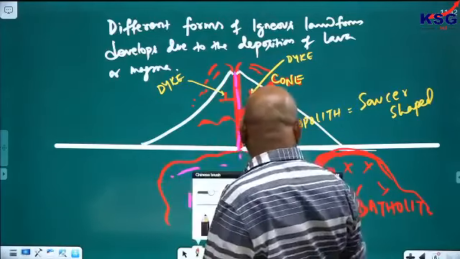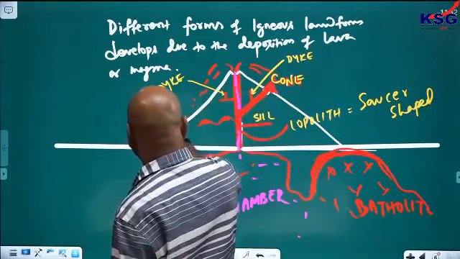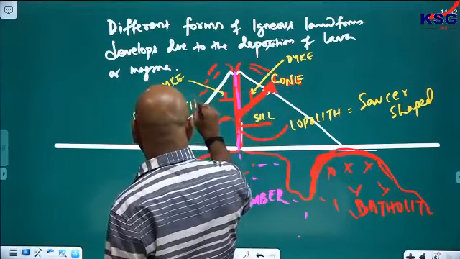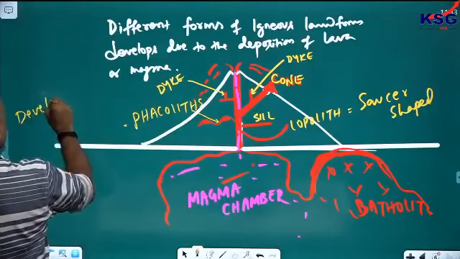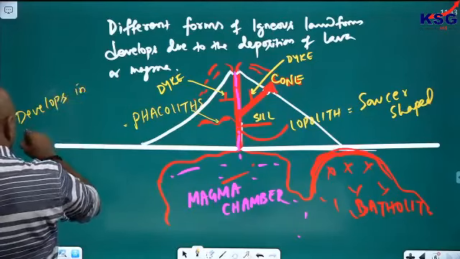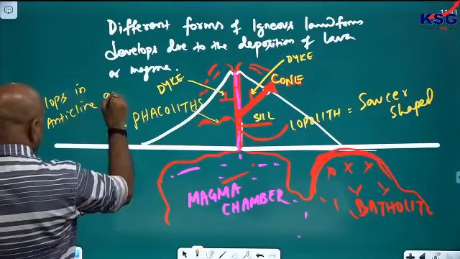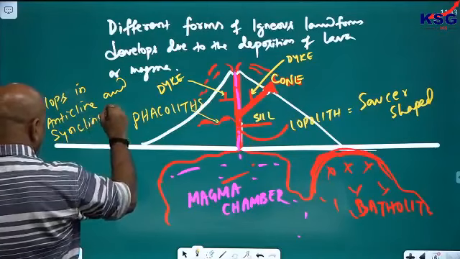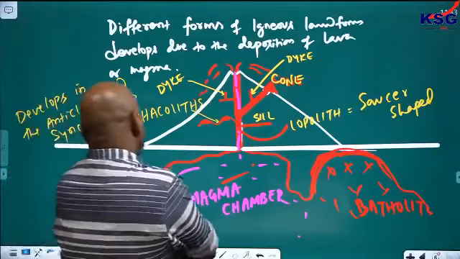क्या बोलते हैं उसको? Phacolith, PHACO, phacolith. Phacolith develops in the anticline and syncline forms.